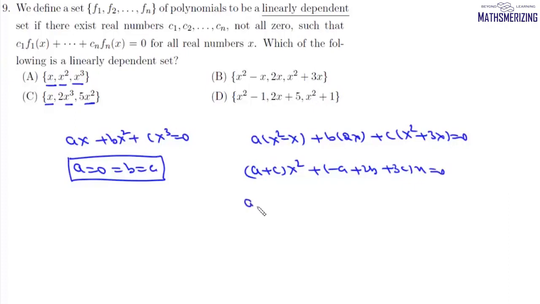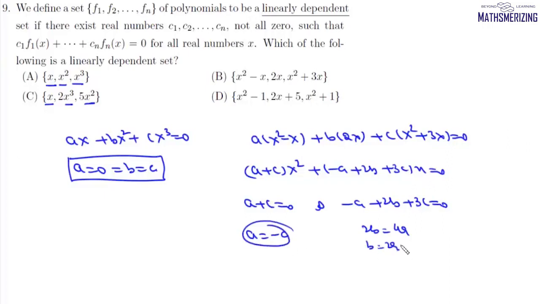We'll get this condition that a plus c is 0 and minus a plus 2b plus 3c is 0. Now the value of a is minus c. Now we'll put c as minus a. We'll get 2b equals 4a. Value of b is 2a. So in this case, it is possible to have non-zero values of a, b and c. That means these three functions must be linearly dependent. So the answer to this question is option B.